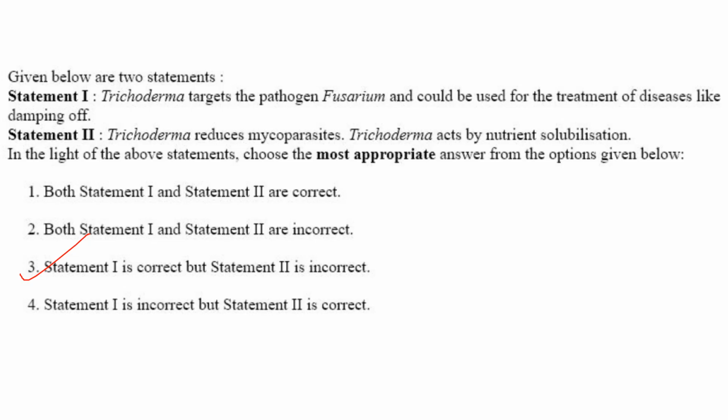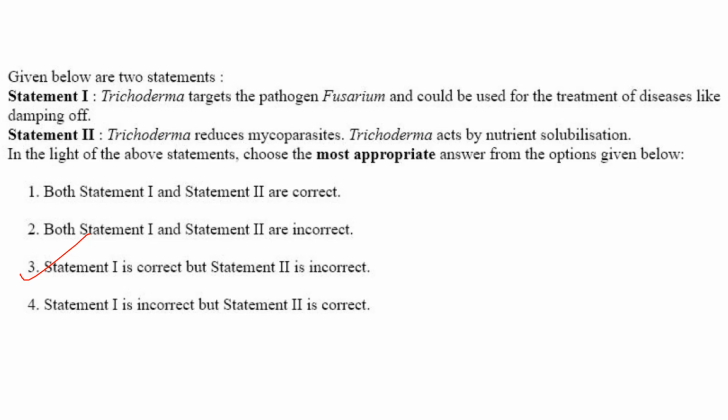Then next one. Trichoderma targets the pathogen Fusarium and could be used for the treatment of diseases like damping off. That is correct. Trichoderma reduces growth by mycoparasitism. Trichoderma acts by nutrient solubilization is incorrect.